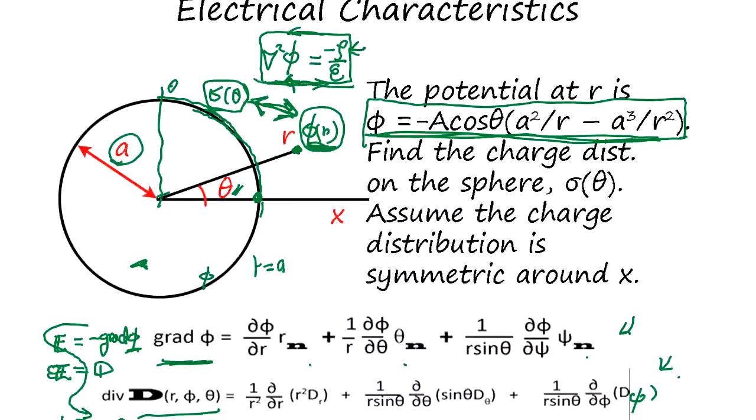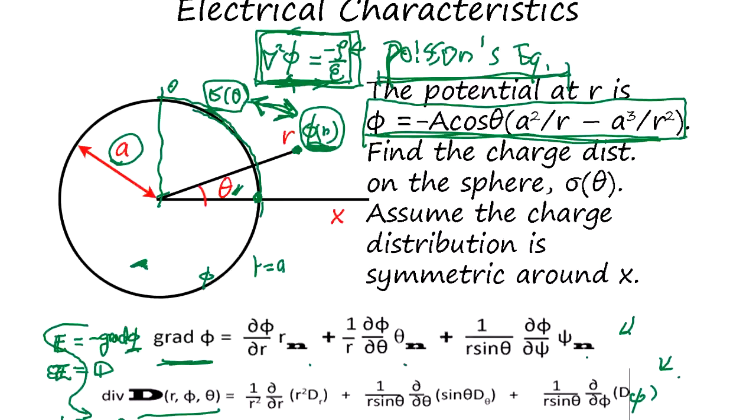So that's the basic Poisson's equation, and this is fundamental, even more fundamental than Coulomb's law. We can deduce Coulomb's law from this equation.